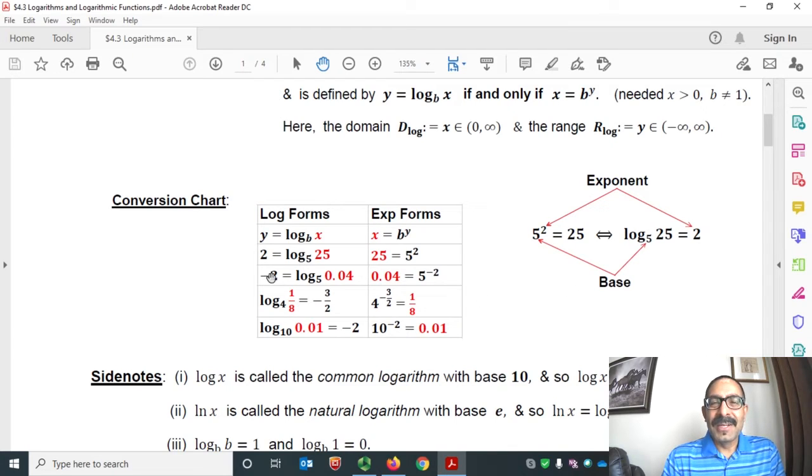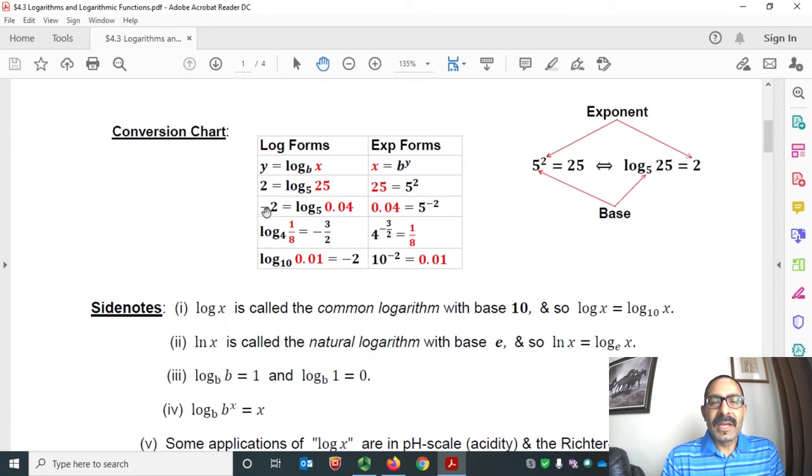Now similarly, let me read this third row here. Negative 2 equals log 0.04 with the base 5 is the same as saying 0.04 equals 5 raised to the power negative 2.